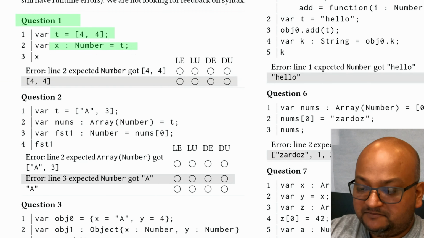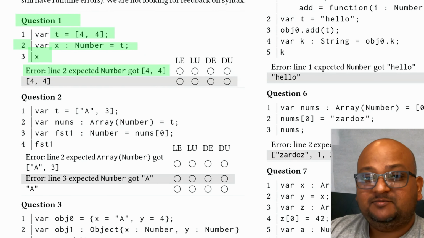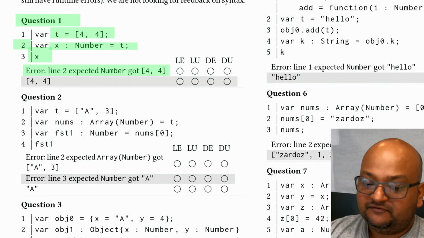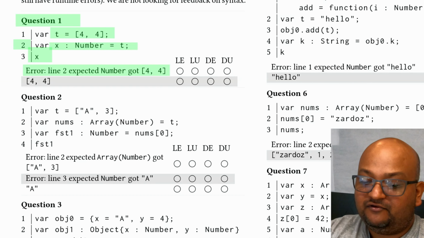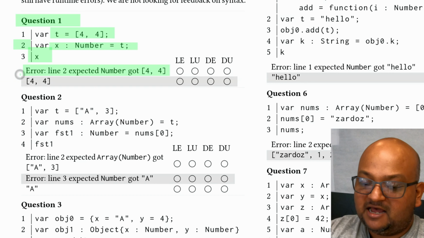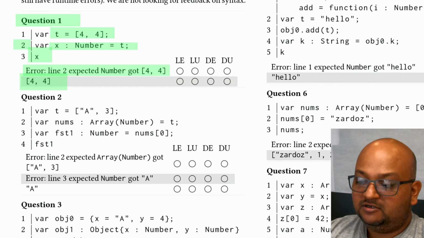One option says that we should get an error on line 2 where the assignment is, and the type checker should say that we were expecting a single number but we got a tuple of numbers. That's what you would expect if types were fully enforced. Another option is that types are not enforced. This is what would happen if there were simply no type annotations. x would simply be the same as the tuple.